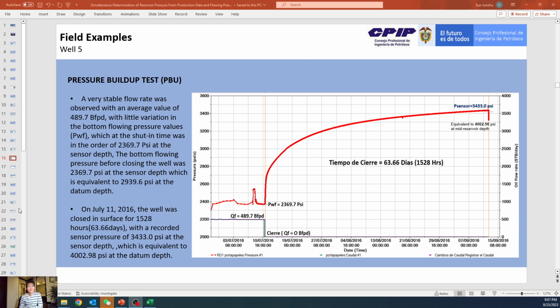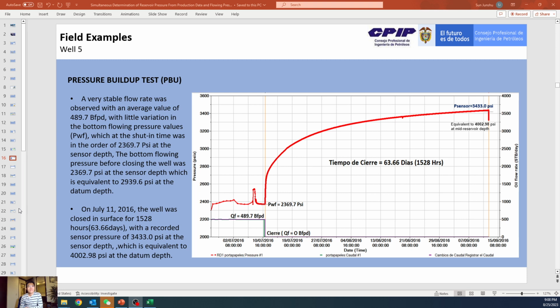The bottom flowing pressure before closing the well was 2,369.7 at the sensor depth, which is equivalent to 2,939.6 psi at the datum depth.